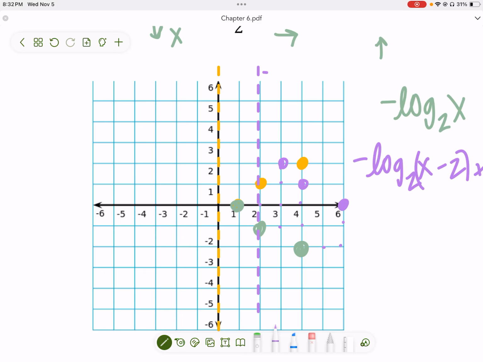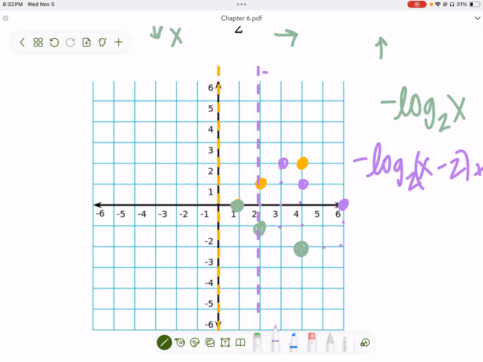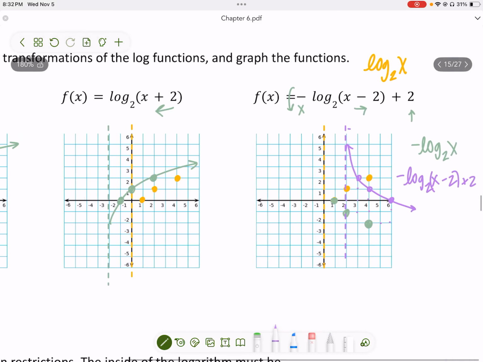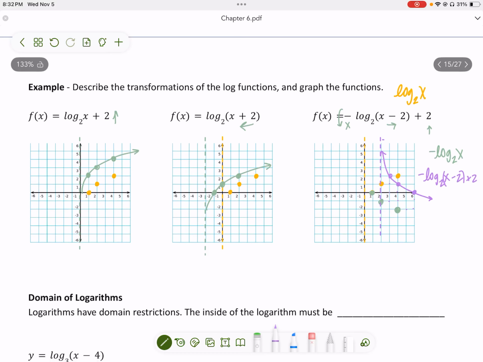Will be here, roughly. Yeah, that looks right. I was second guessing myself for a moment. So our curve should look somewhere like that. I just did this earlier today in class, so I don't know why I'm second guessing myself.